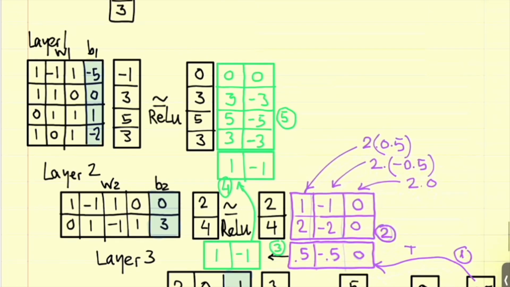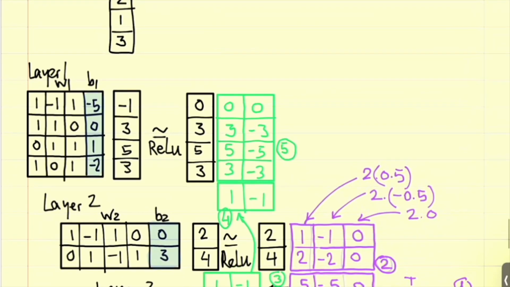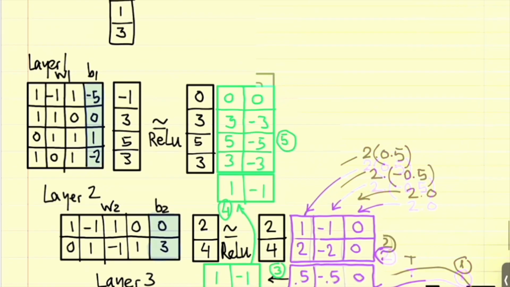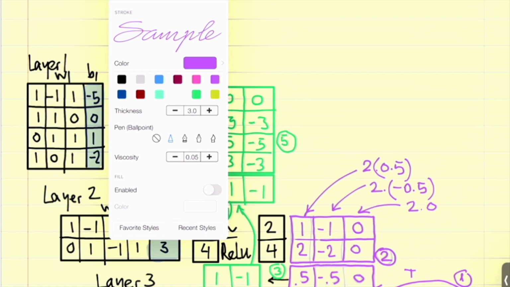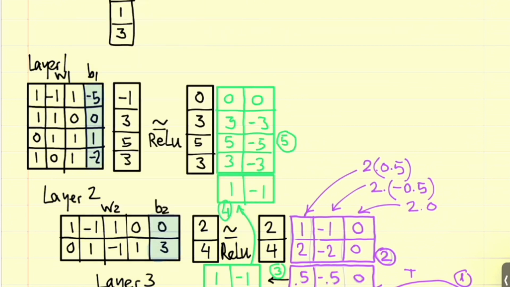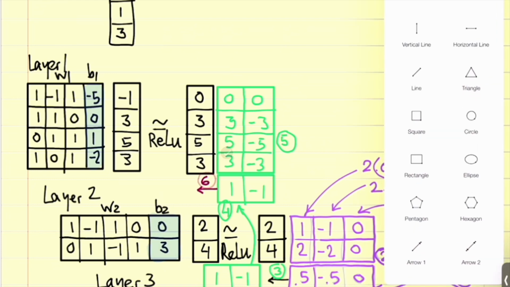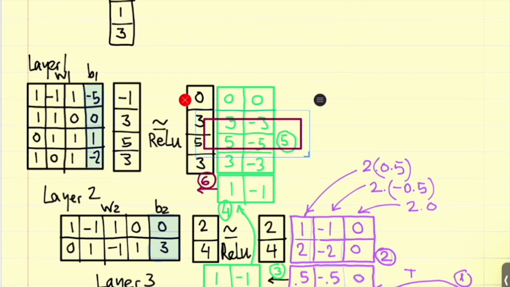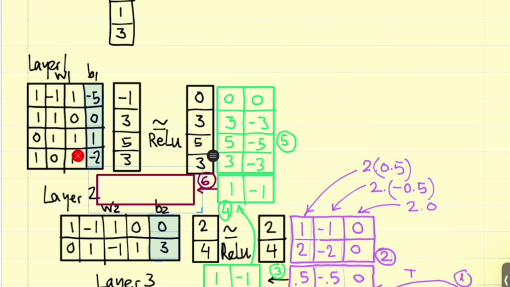So once we have that, we need to again multiply. I take another color. Here, this, number 6, by the next, by the weight matrix of number 2. And this will give 1, 2, 3. So let me put it below.